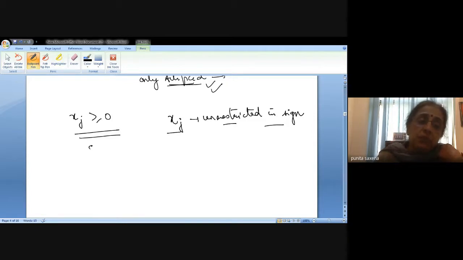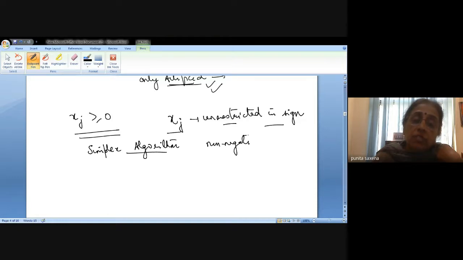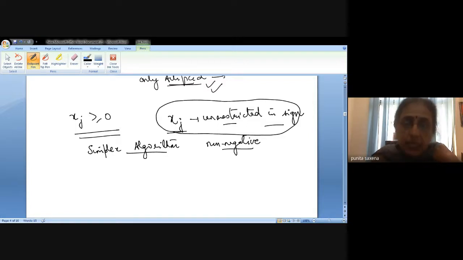But the problem is that your simplex algorithm only allows us to solve problems which satisfy the non-negativity restrictions as well. So in case a particular variable is unrestricted in sign, then we have to make some modifications. Supposing you have, okay, write down this problem and do it as a homework.